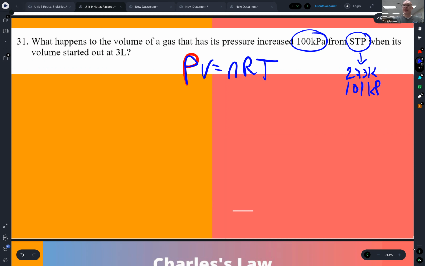Hold on. I have two pressures here. PV equals nRT only has one pressure in it. So therefore, I need to establish PV over T equals PV over T.